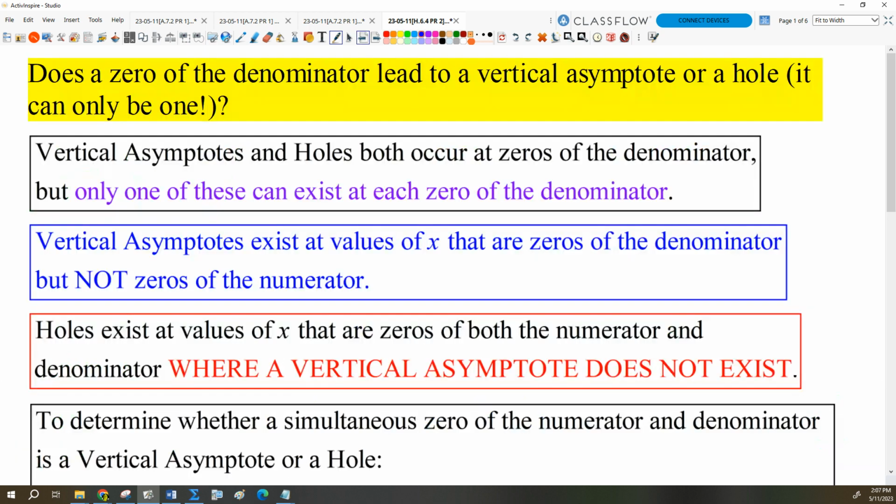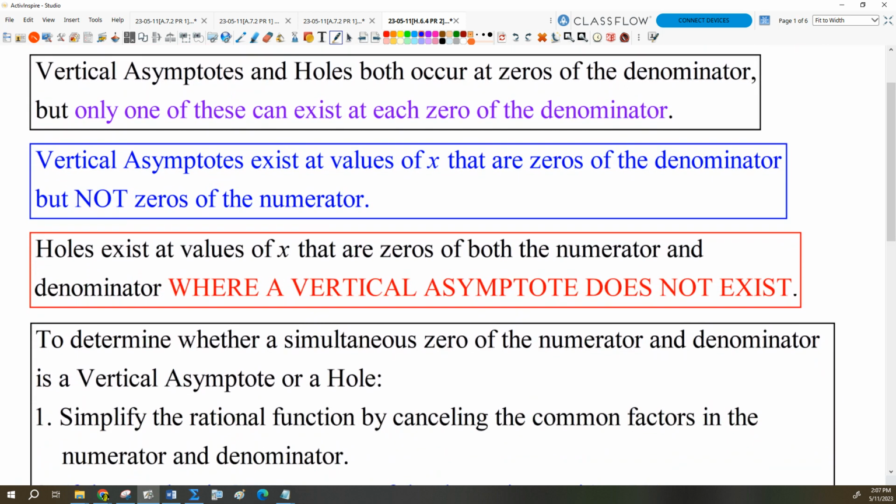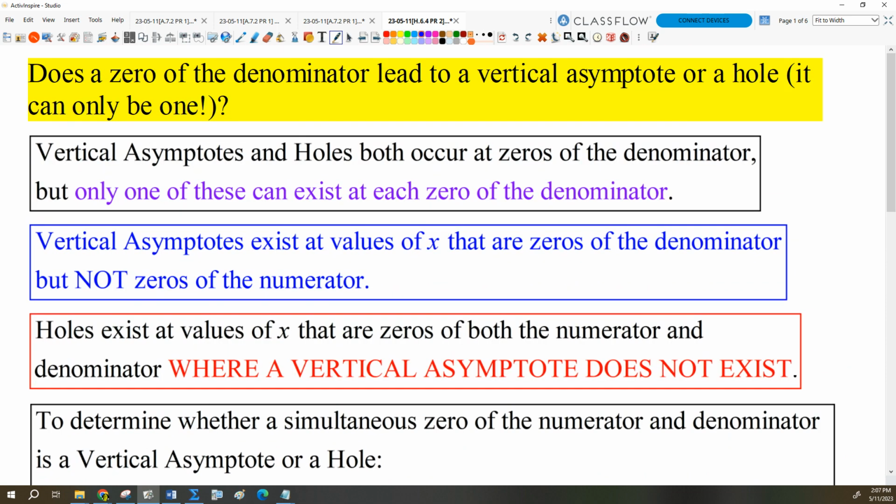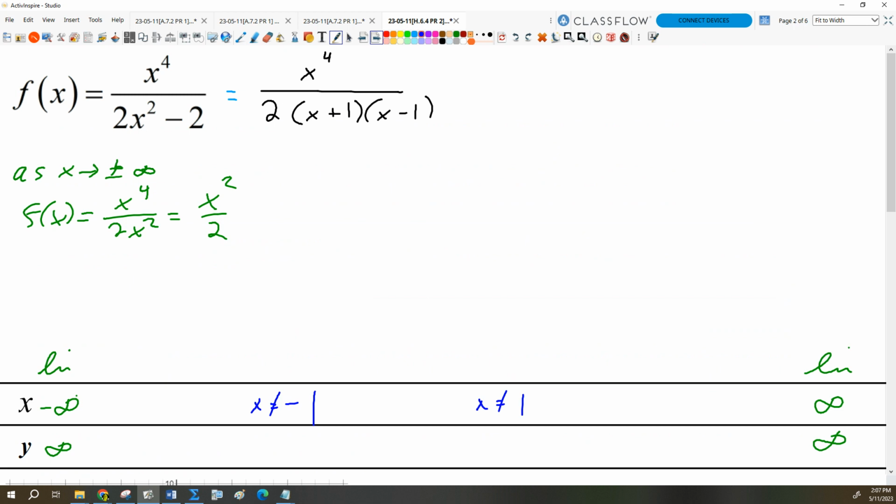Let's go back and look at our list real quick, right? So vertical asymptotes exist at values of x that are zeros of the denominator, but not zeros of the numerator. When we get a simultaneous zero, then we've got to do a little bit more work to figure out what's going on, as with holes. But if we get a zero of the bottom and not the top, automatically we know it's a vertical asymptote. So at x equals negative 1, that's the zero of the bottom, but not the top.